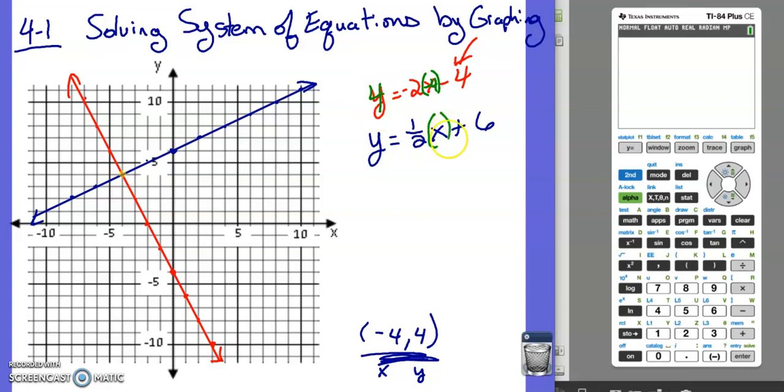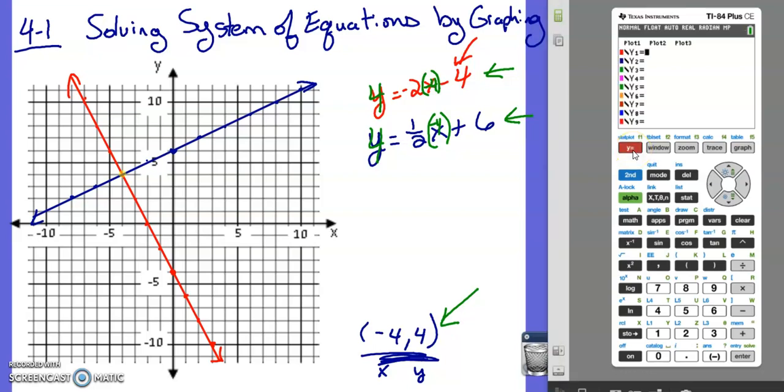If I put -4 right there for my x, and I put 4 here for my y, then the left side should equal the right side. And you can easily see that it does work. So that's one way to check it. This point has to work for this equation, and it has to work for that equation. So again, if you substitute that point in, then it will work in both equations.